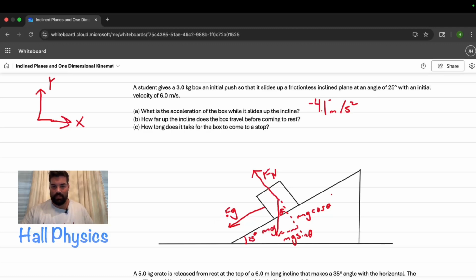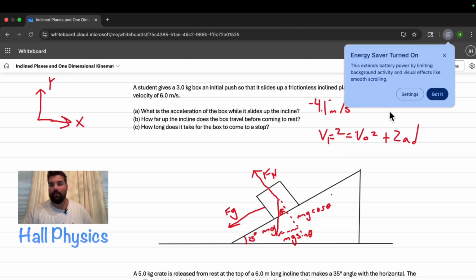Okay, so we want to find that point. So we want to find distance. One of the kinematic formulas you can use here is VF squared, or final velocity squared, equals the initial velocity squared plus 2AD. We want to know when the final velocity is 0 because we want to know at which point the box is stopped.